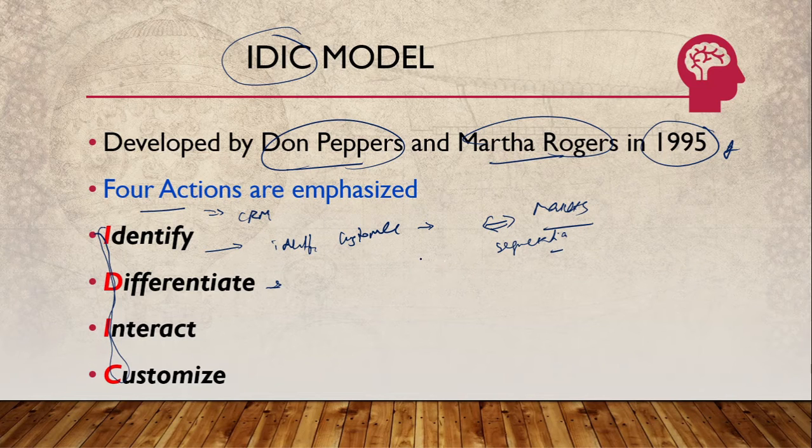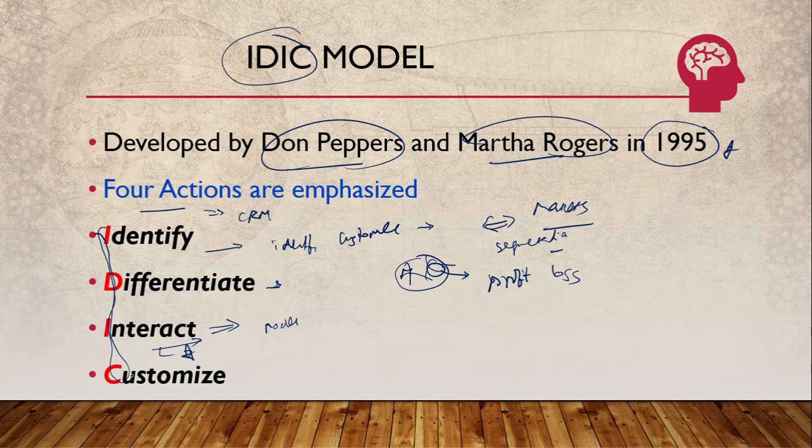As I've just said, in the market so many customers will be there, but then you need to differentiate among them which are actually profitable customers and which are loss making customers. So this is the area where you have to differentiate. And then once you have identified your customers, you need to develop a model or implement a process where you can interact with the customers efficiently.